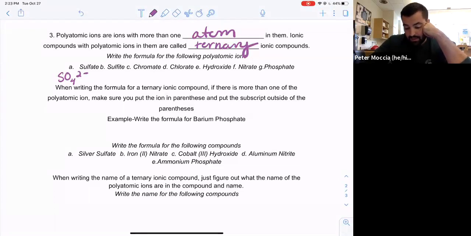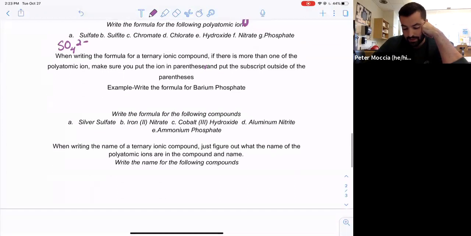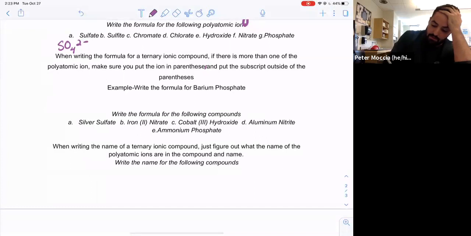When writing the formula for a ternary ionic compound, if there is more than one of the polyatomic ion, make sure you put the ion in parentheses and put the subscript outside of the parentheses. The example is write the formula for barium phosphate. Barium, being in group 2, is Ba2+, and phosphate is PO4 3-, just by looking at the list.